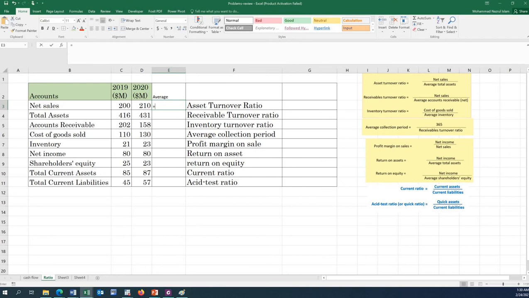So this one plus this, divided by 2, okay. So this one is the average. So we have the averages like this.